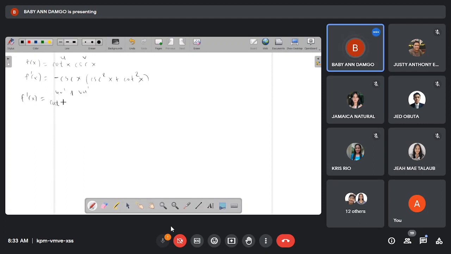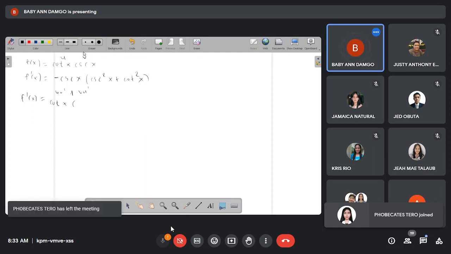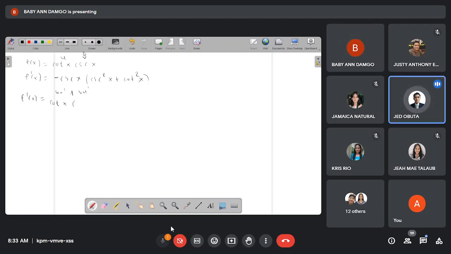So this is cotangent x times the derivative of cosecant x, which is negative cosecant x cotangent x, plus cosecant x times the derivative of cotangent x, which is negative cosecant squared x.